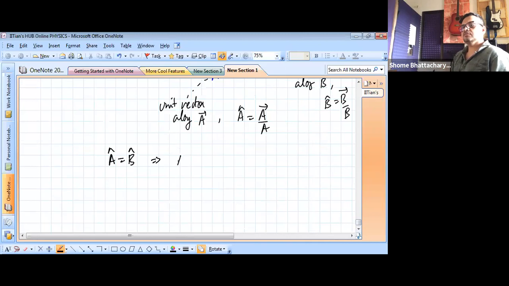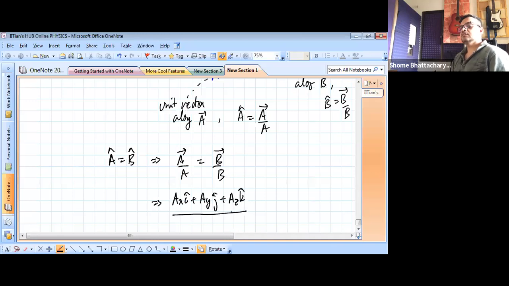This implies that the vector A divided by its own magnitude is equal to the vector B divided by its own magnitude, which means that Ax i cap plus Ay j cap plus Az k cap in general, if they are three-dimensional vectors, divided by the magnitude of A, is equal to similarly Bx plus By plus Bz, this whole thing divided by its magnitude.